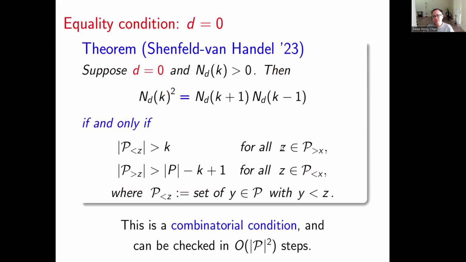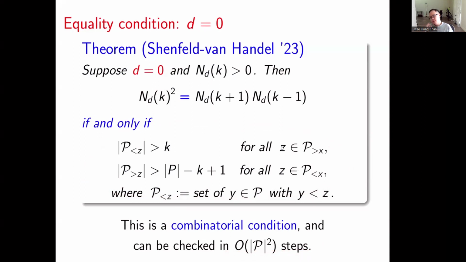The condition itself is a little bit complicated. But what is important about this condition is that it is combinatorial, that it really describes the combinatorial structure of the poset. And perhaps even more importantly, this condition is efficient to check, that it can be checked in quadratic time. This will become very important soon.